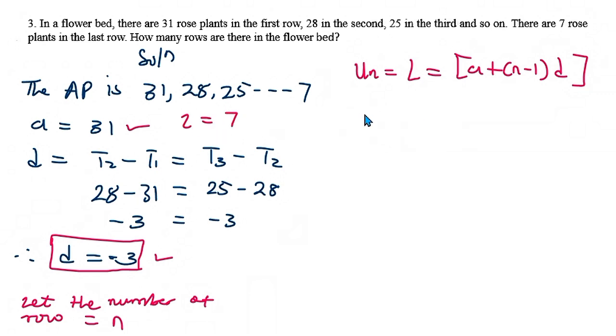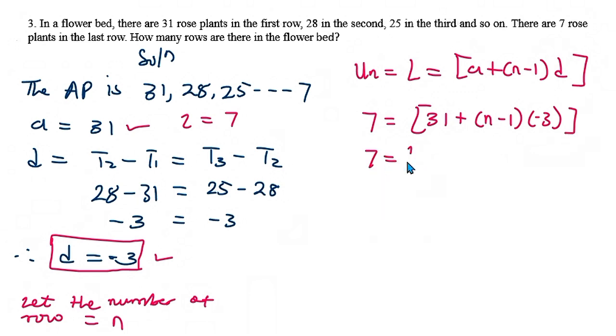So it means that we are going to have 7 equals a, which is 31, plus n minus 1 times the common difference, which is minus 3. Okay, so this will be 7 equals 31. When we expand this bracket, we are going to have minus 3n plus 3. So here will be 7 equals 31 plus 3 will give us 34, so this will be 34 minus 3n.